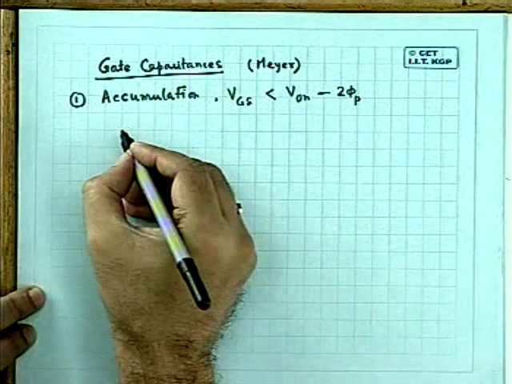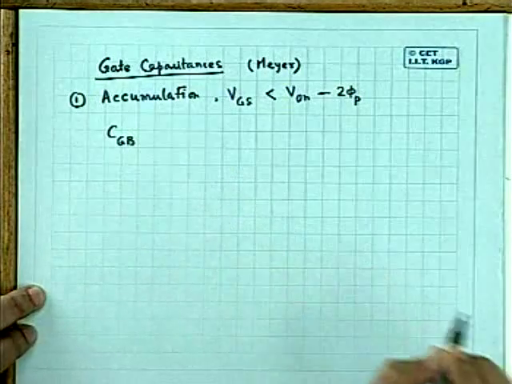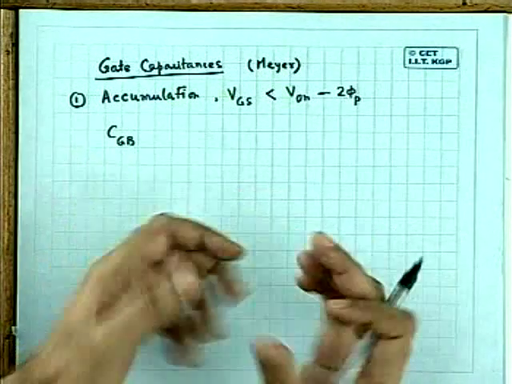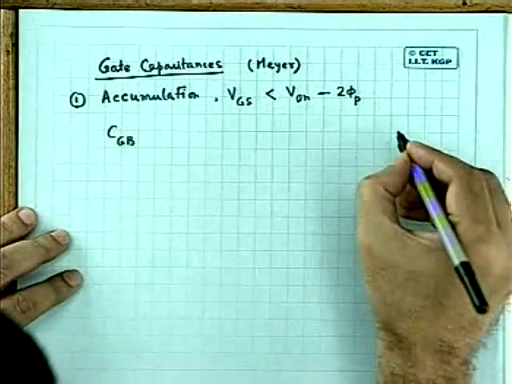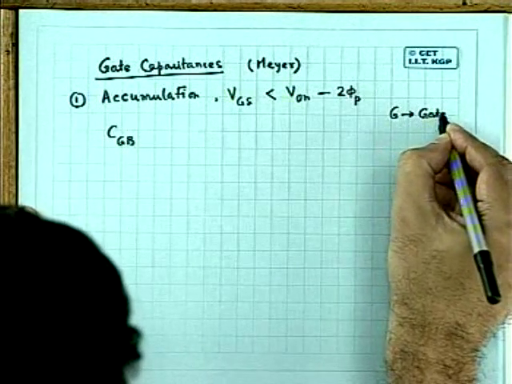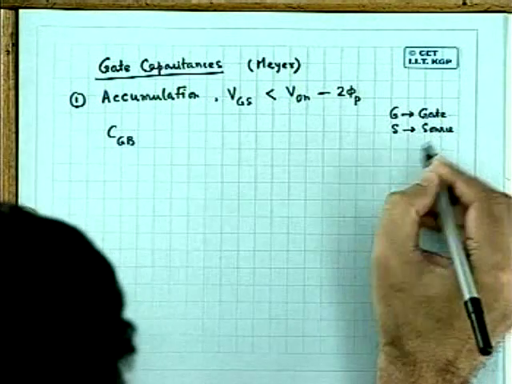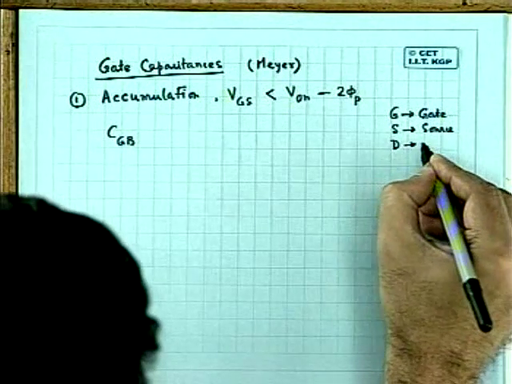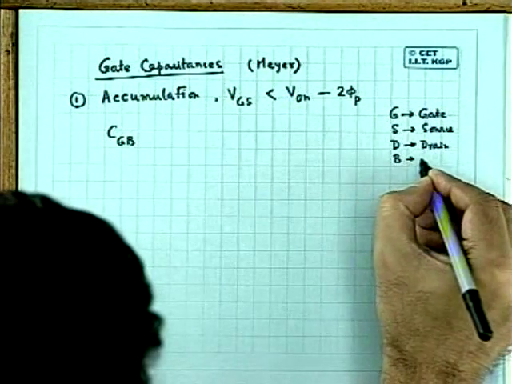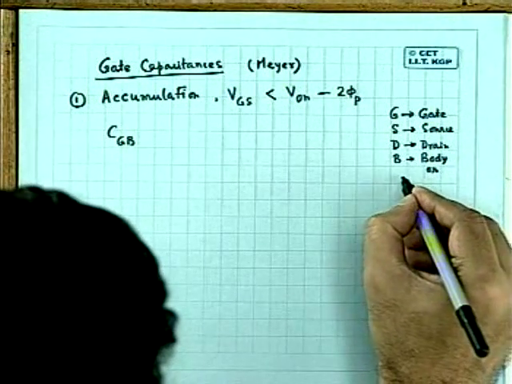And for that, the capacitance between the gate and the body. GB means capacitance between the gate and the substrate. Please remember, G stands for gate, S stands for source, D stands for drain, B stands for body or substrate.